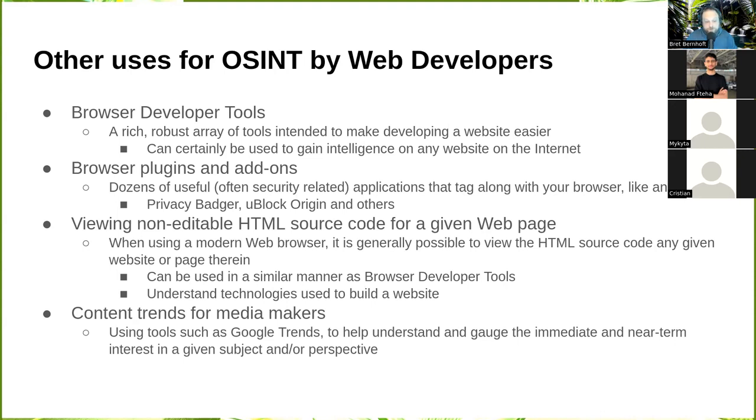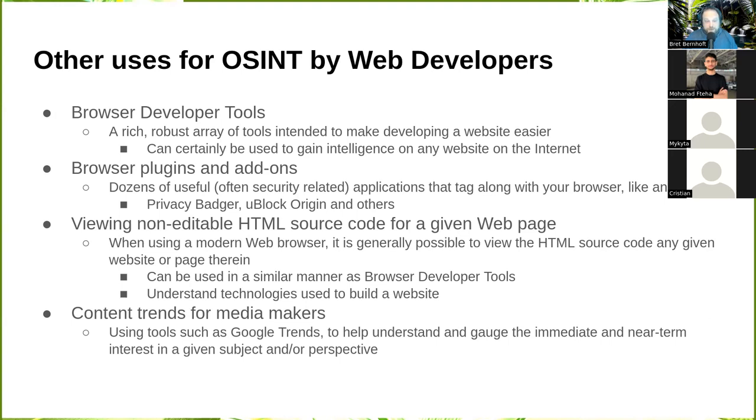For the OSINT investigator, for the OSINT practitioner, having some security in place is very relevant, although it's not exclusively defensive. It can be offensive too. Maybe we'll talk about that more in another presentation or during our discussion.